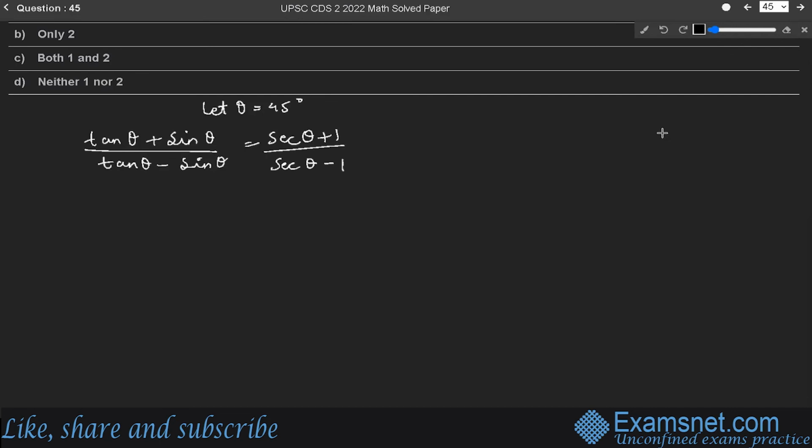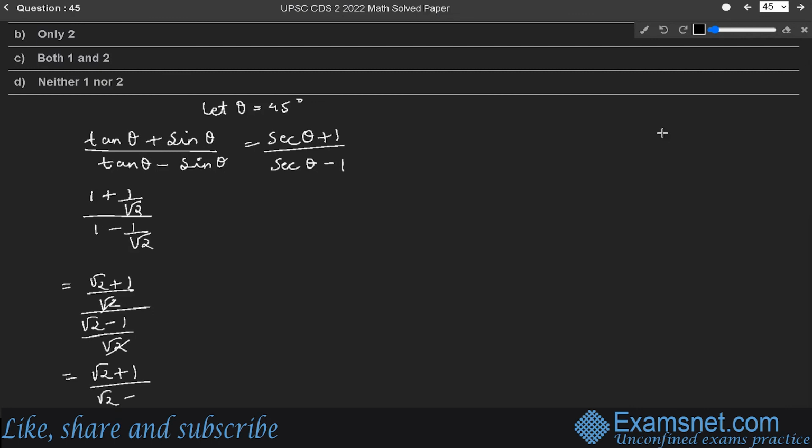So first let us solve the left hand side. Tan 45 is 1, sin 45 is 1 by root 2. Again, tan 45 is 1 and sin 45 is 1 by root 2. So it will be equals to root 2 plus 1 upon root 2 upon root 2 minus 1 upon root 2. Root 2 and root 2 will be cancelled. So it will be equals to root 2 plus 1 upon root 2 minus 1.